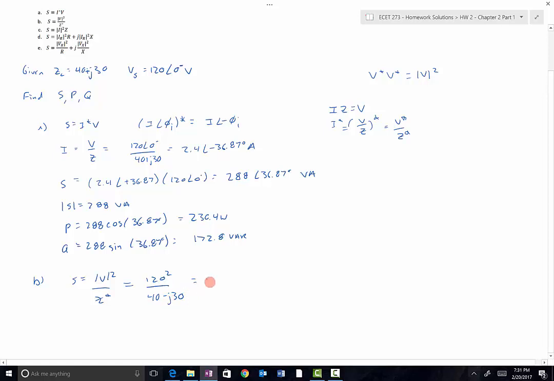And so that's going to give me 230.4 plus j172.8, where that's watts and that's vars. So if I get the same numbers here as I did for A, I'm going to get the same apparent power, so I'm not going to do that calculation.